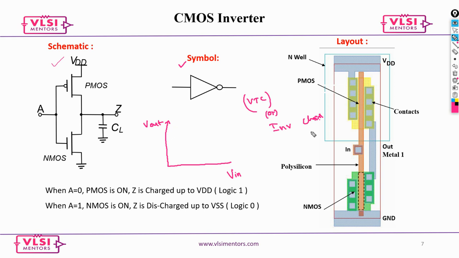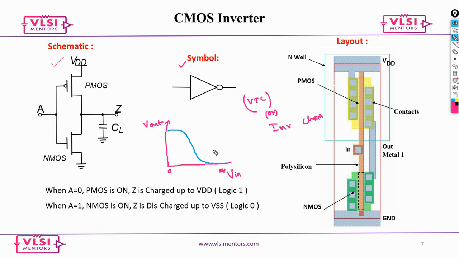Now if you look at when your input is zero, your output is going to be on the higher side. Say this is zero, and say this is 5 volt, for example.